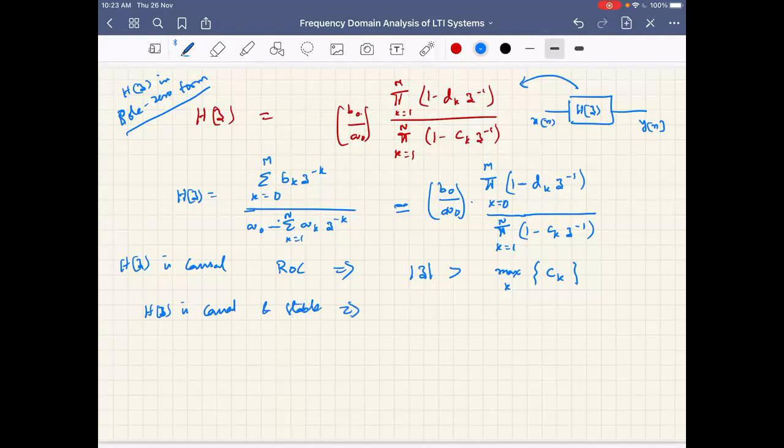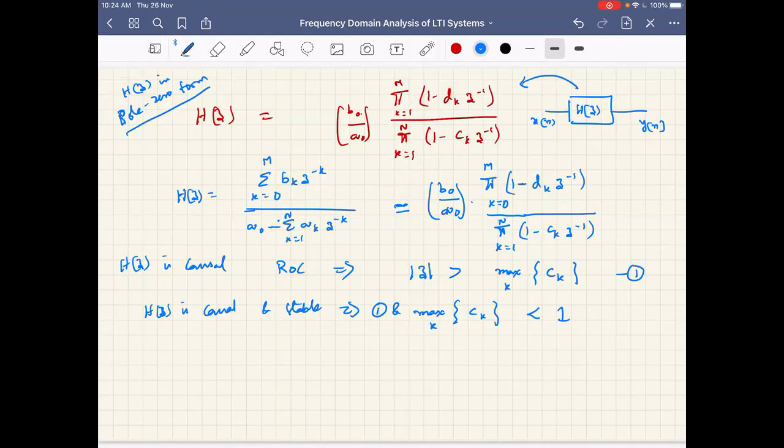It implies condition 1, and there is another condition that we can put now: the maximum of ck has to be less than 1, so that the maximum value of the pole itself is inside the unit circle, and the ROC extends from that pole, and hence the ROC includes the unit circle and lies outside of the outermost pole. So this is what is implied, right? I hope you are able to understand and relate this from the given H of z.